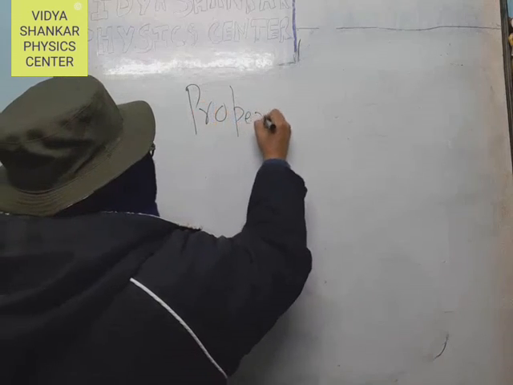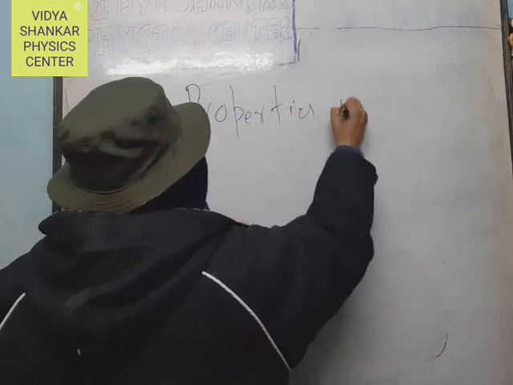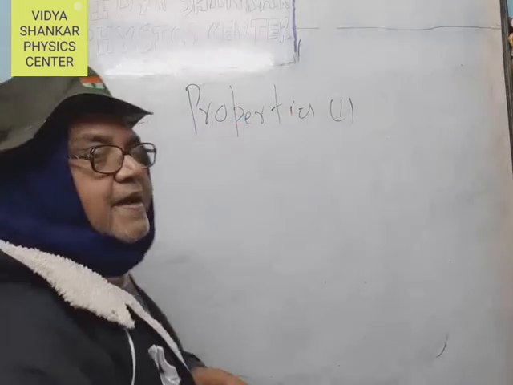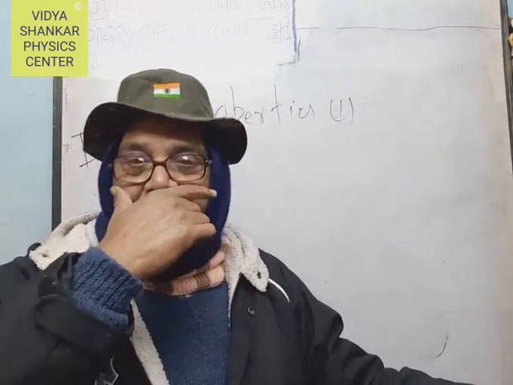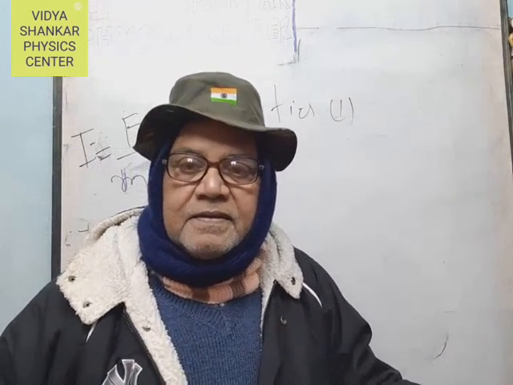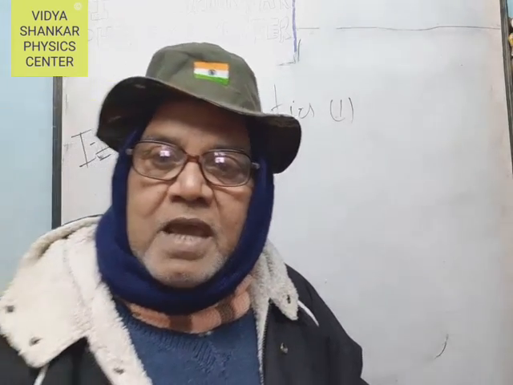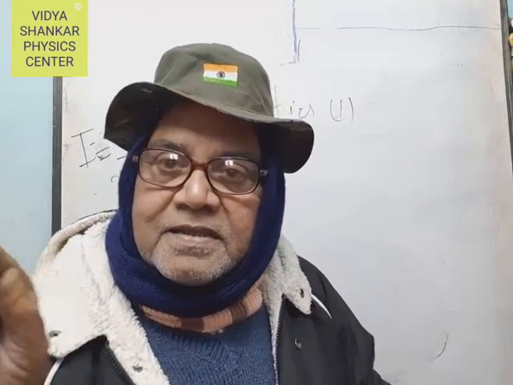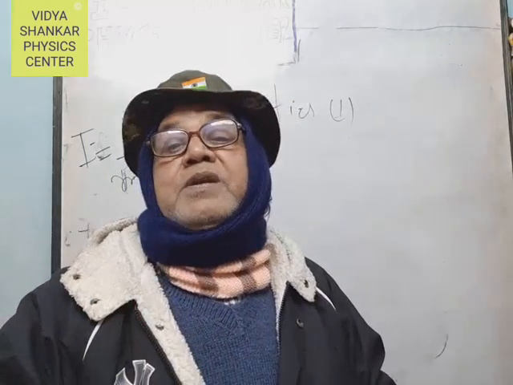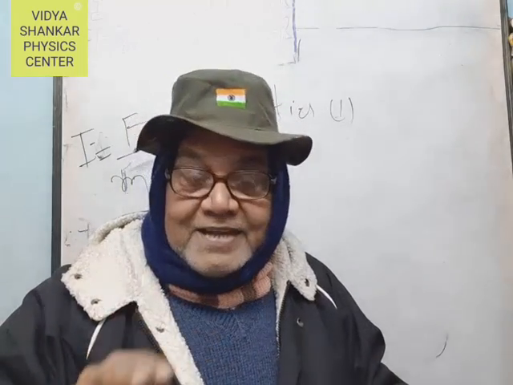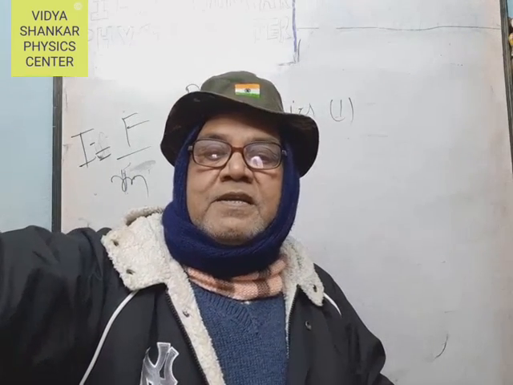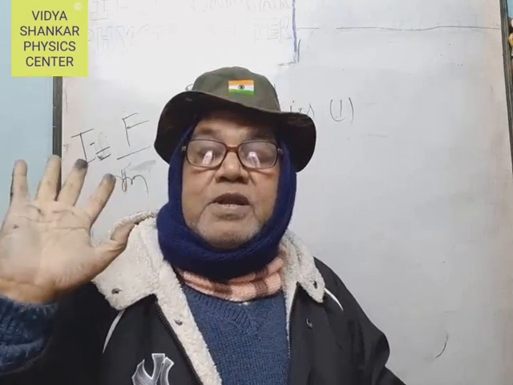Properties. First, the intensity of the gravitational field is a vector, directed toward the center of the big body.